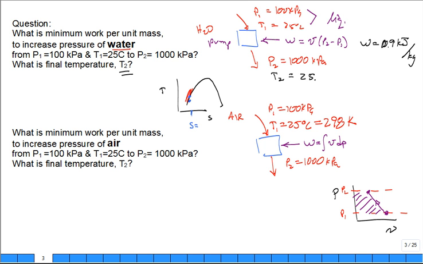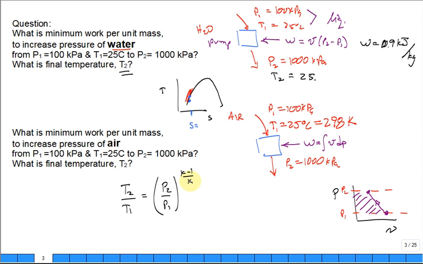Well, it's a little bit of a challenge to solve for it, but the way you would do it is you say, okay, I'm going to assume it's ideal gas, I'm going to assume it's reversible, and I'm going to recall an equation that says that T2 divided by T1 is equal to (P2 divided by P1) to the (k minus 1) over k.